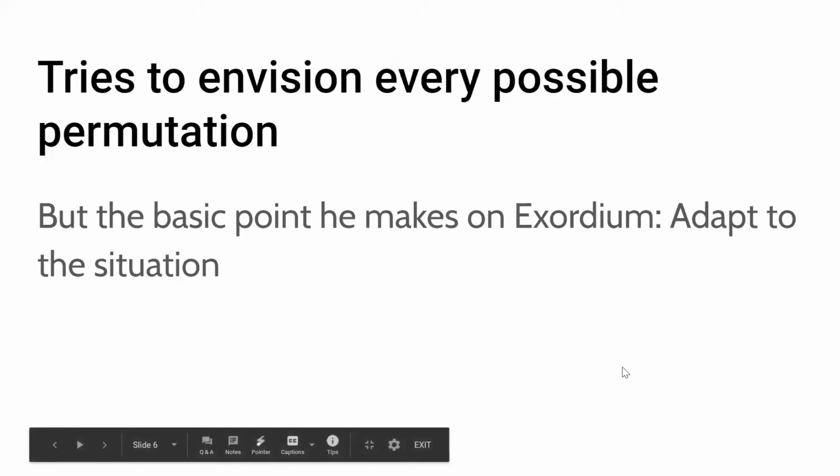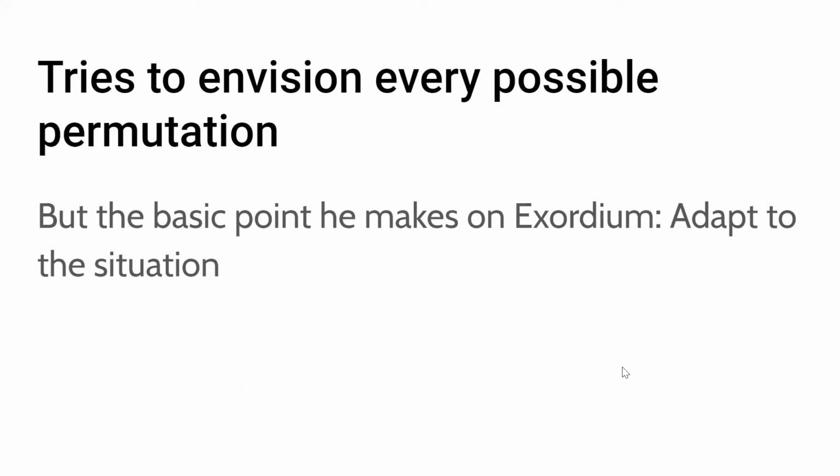He does try to envision every possible permutation of an audience attitude, and then what you would do for that. And that's what tends to make Cicero kind of difficult sometimes to process.